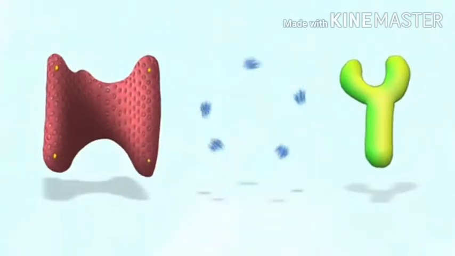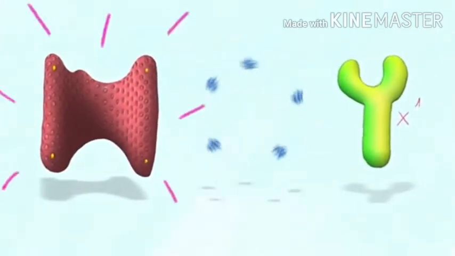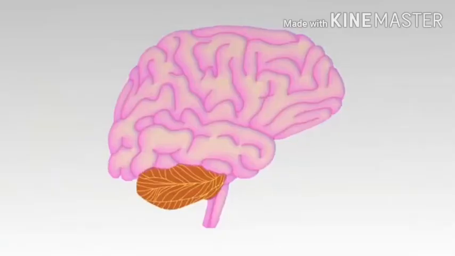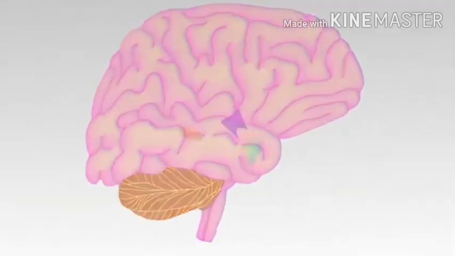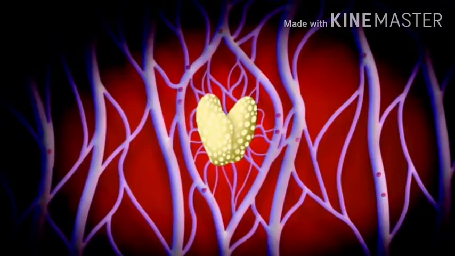All of these are controlled by the millions of cells are controlled by the hormones or the endocrine glands, which compose of three components: the endocrine glands, the hormones, and the trillions of receptors. We have three major endocrine glands in our brain and then another 7 in our body.